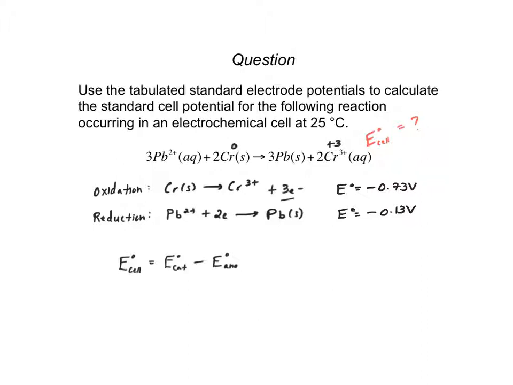So now, if we're going to calculate the cell potential, we're going to take the cathode half reaction, subtract the anode half reaction. So who is the cathode here? Cathode is reduction, so it's the lead reduction potential. This is minus 0.13 volts minus a minus 0.73 volts. Again, do not be tempted to reverse anything. So when you do that, minus a minus is a plus, and overall you end up with 0.60 volts.